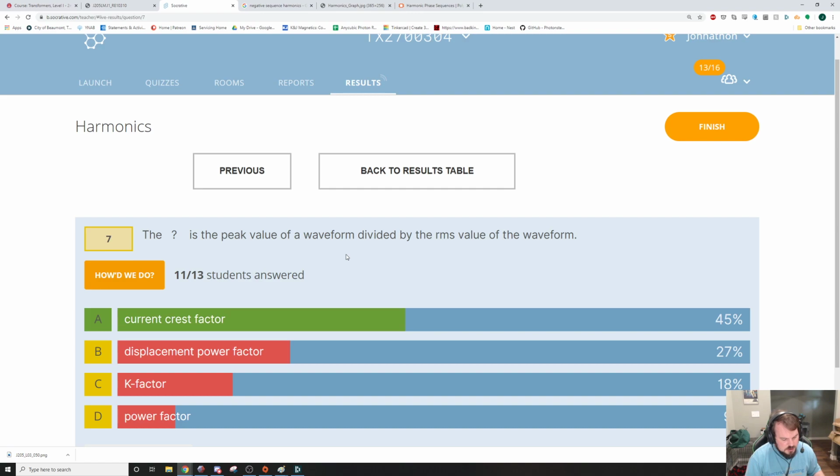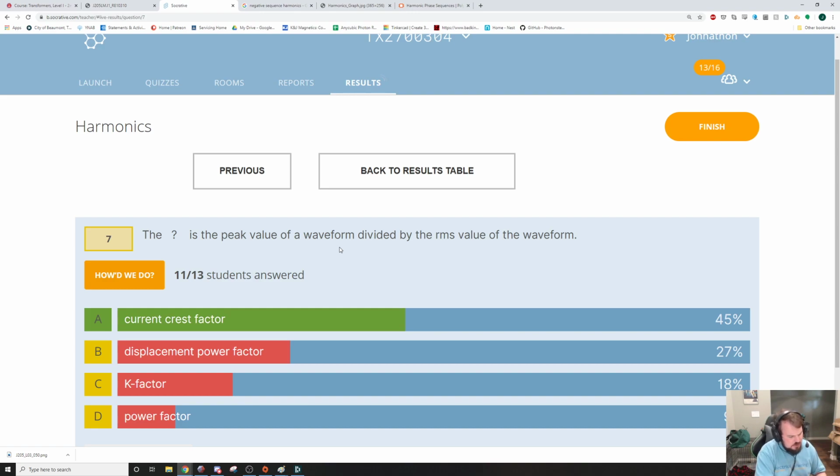Why do you need current crest factor? Crest factor. I'm seeing crest factor on... Oh, there it is.